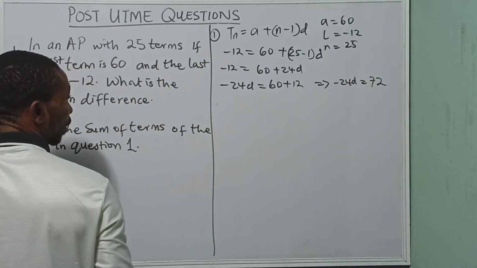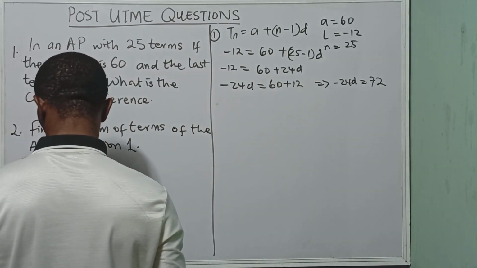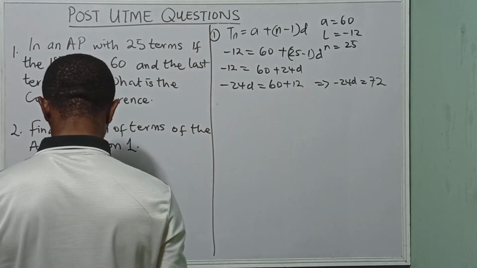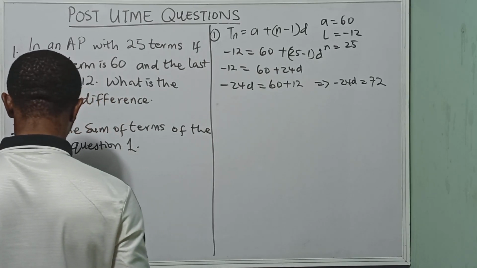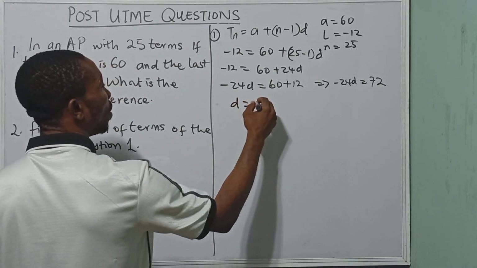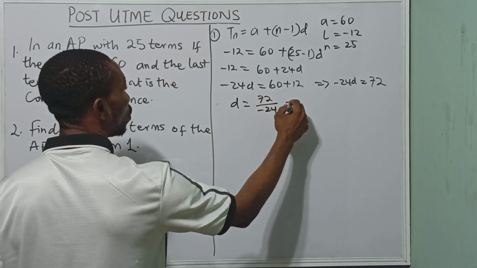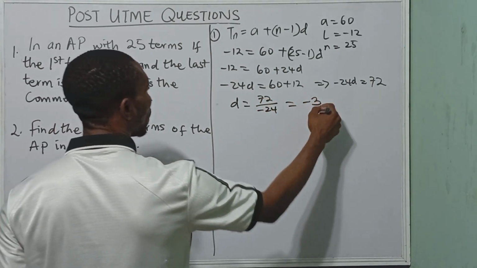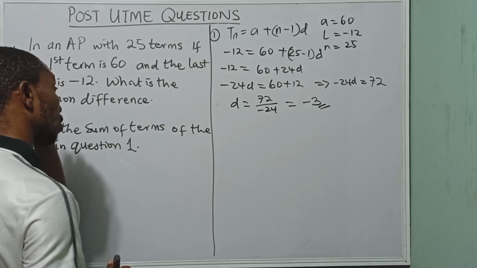If we have 72 as our answer, we can now divide: 72 divided by minus 24 gives us minus 3. Now, we found the common difference as minus 3.